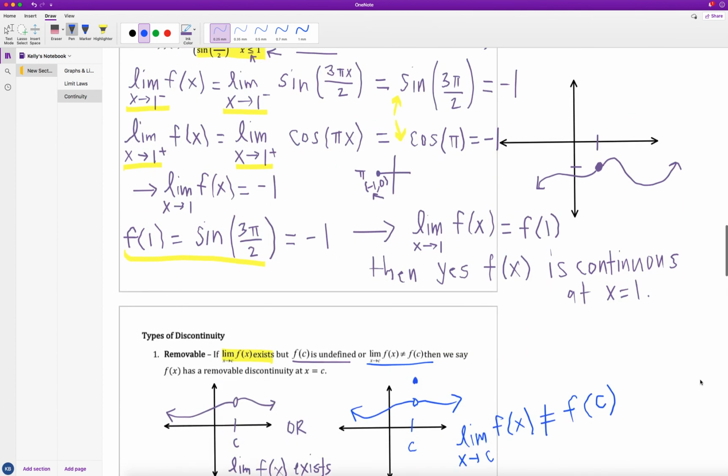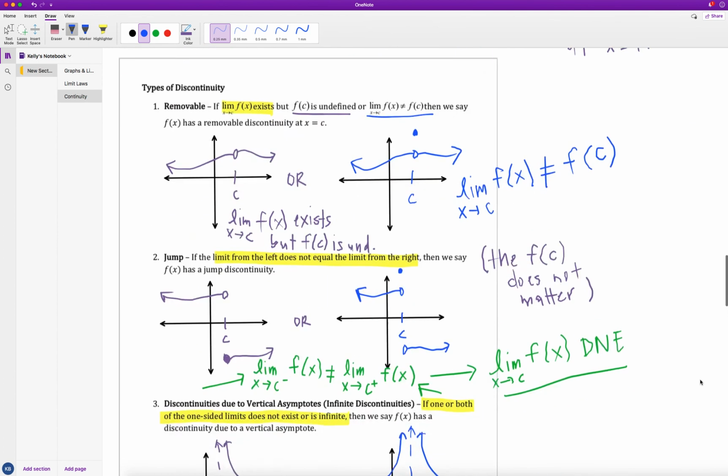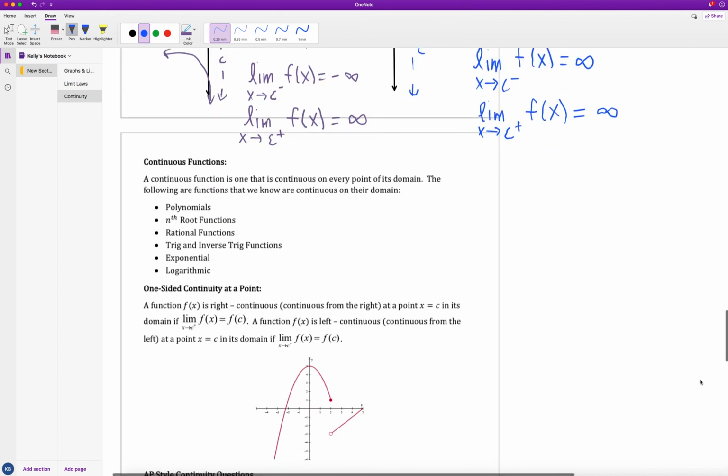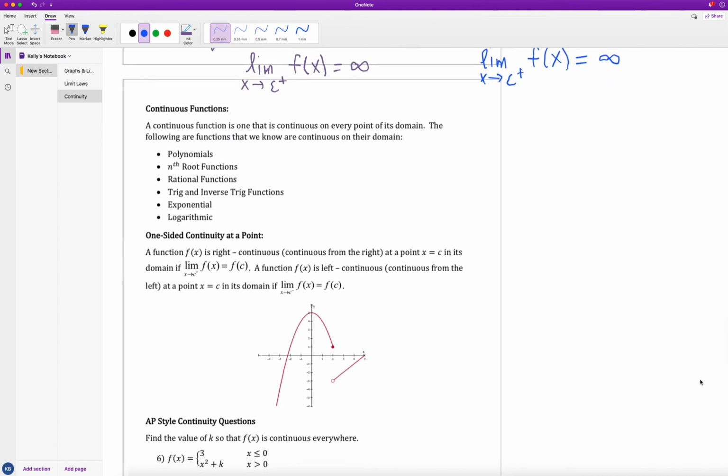Okay, moving on to our last couple types that we're going to talk about. There are some functions that we are very used to using, and we can actually assume that they're continuous functions. So a continuous function is a function that is continuous at every point of its domain, which is key. We're not talking about things that are outside of its domain, but just on its domain. And we are allowed to use the fact that these functions are all continuous on their domain.